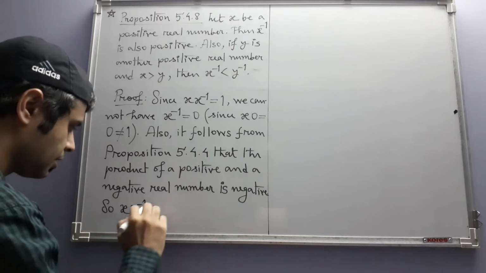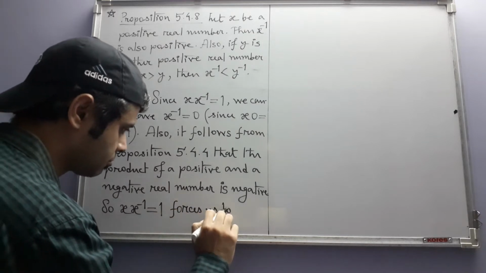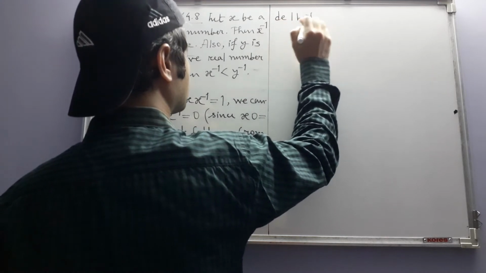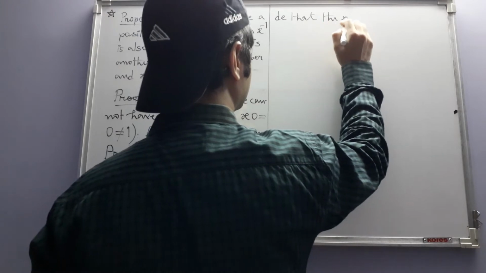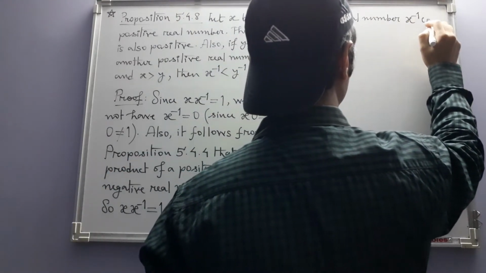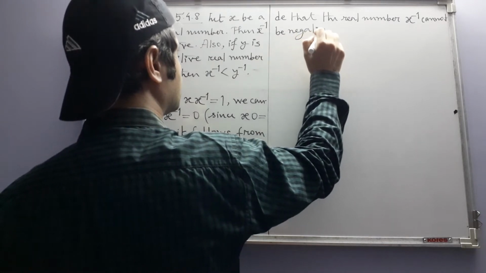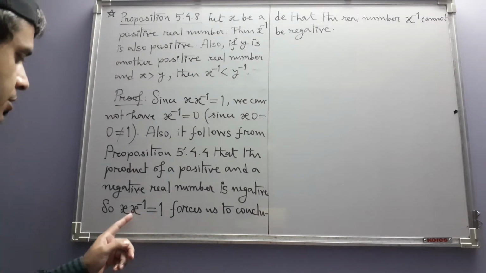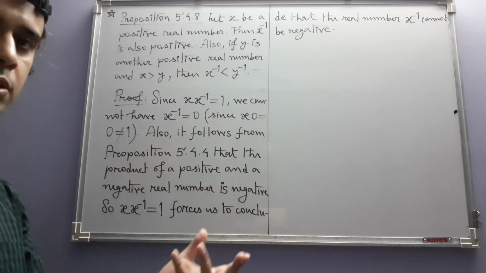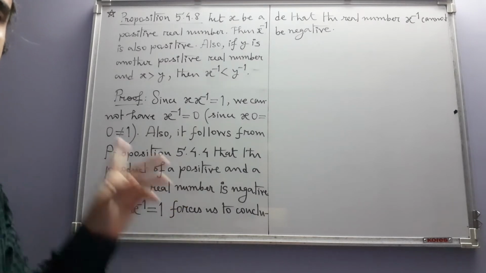So x times the reciprocal of x equal to 1, this equation forces us to conclude that the real number x inverse cannot be negative, because if x inverse is negative, then since x is positive, by this proposition, which says that the product of a positive real number and a negative real number is negative, we would then get the statement that the real number 1 is negative.